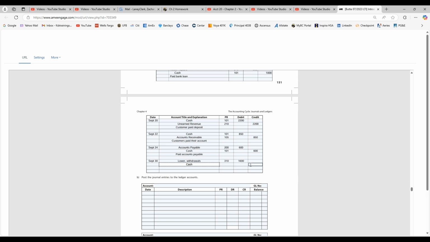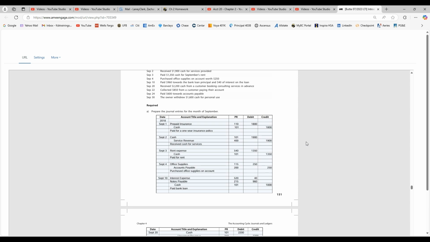And then we're going to credit cash coming out of the business. Not 3, but 101. And we're going to say owner withdrew cash for personal use. Okay, and so this is all of our journal entries here.